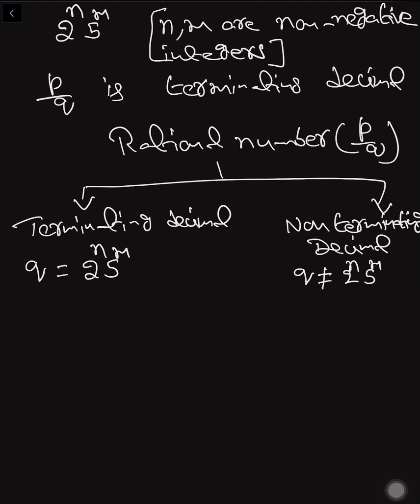Simply you can factorize the denominator of the rational number, and if the denominator is in the form of 2 to the power of n, 5 to the power of m, it is a terminating decimal. If Q is not in that form, it is a non-terminating decimal.